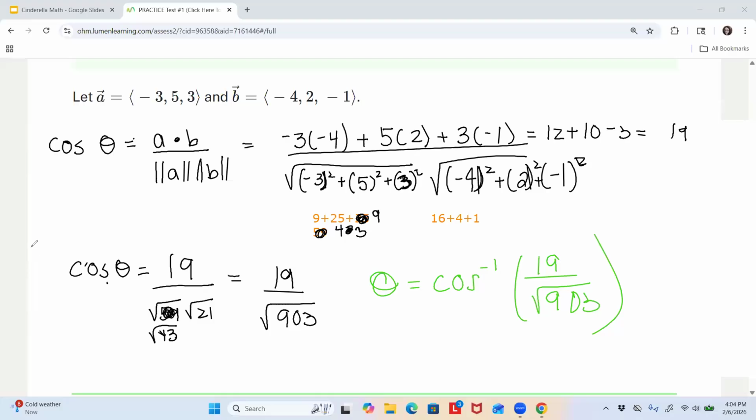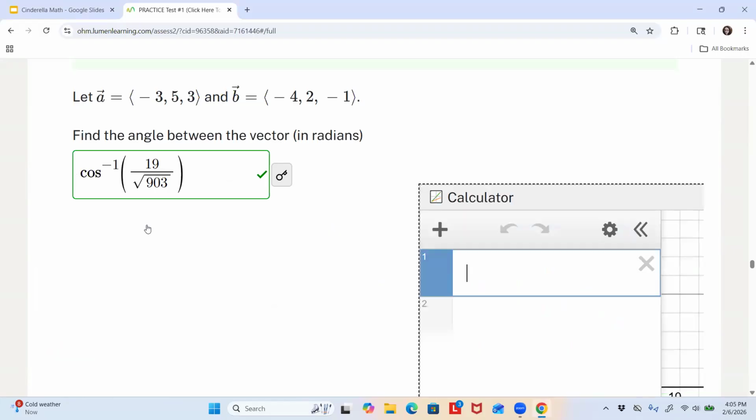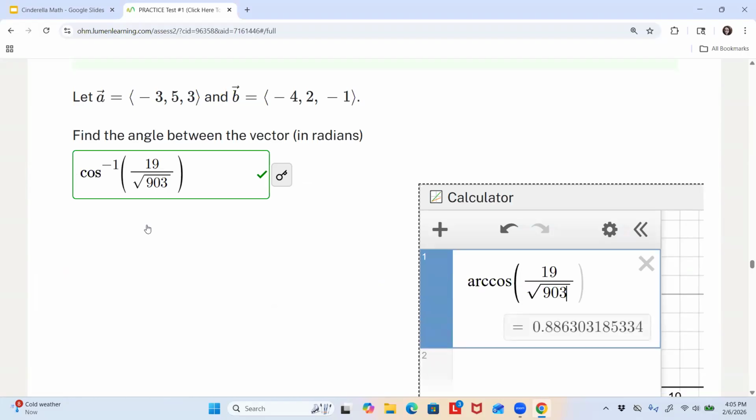So we'll go to the calculator. Oh no, they took it there. So there you go. You could just leave it there, but you could also do arc cosine of 19 over square root 903. So 0.89. But if they'll take that, then why not? If you can skip a step, if you don't need the calculator, there you go.